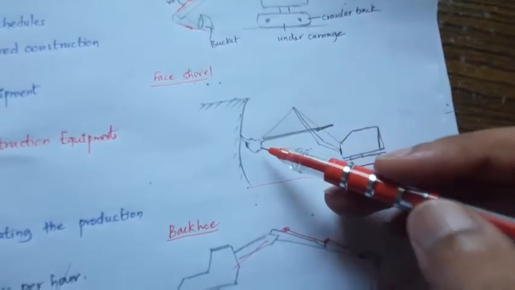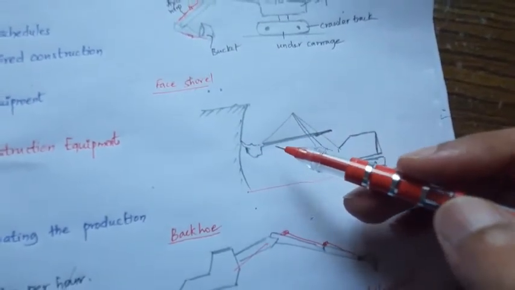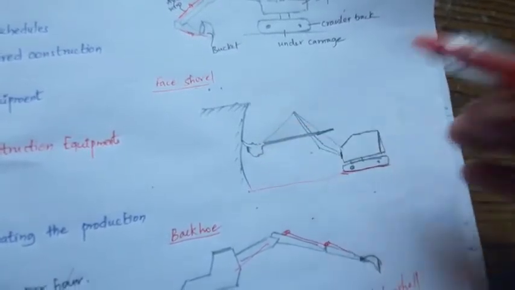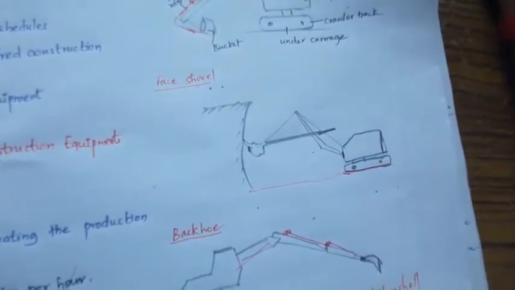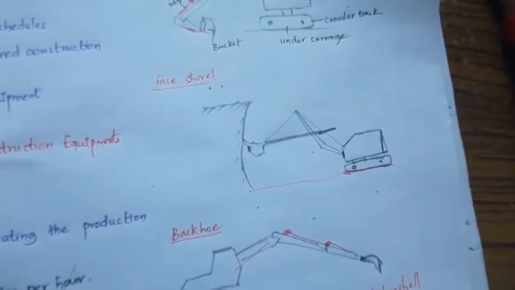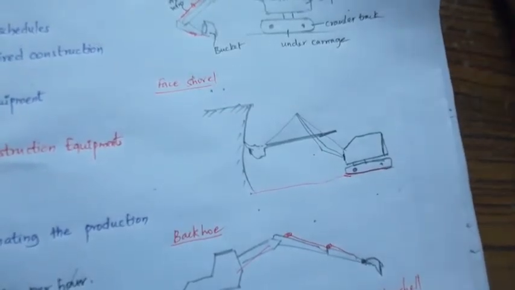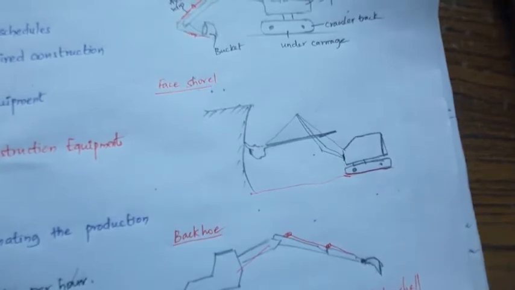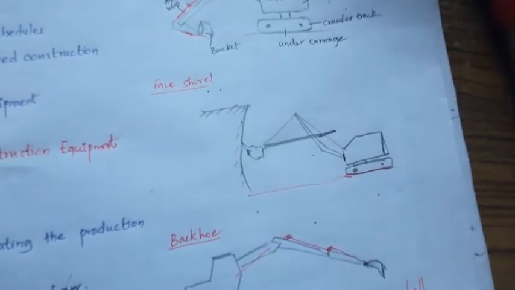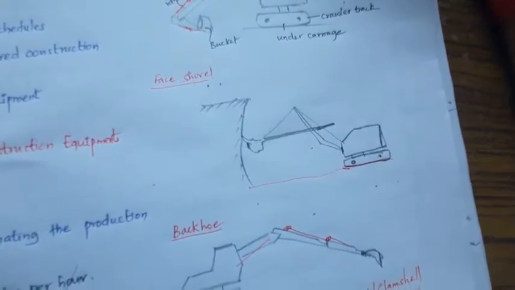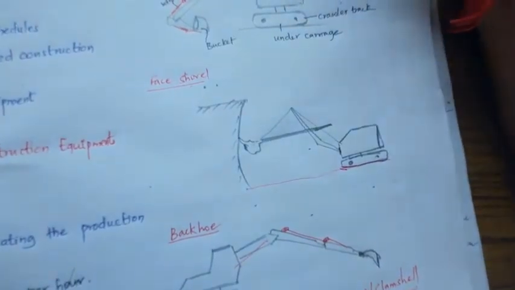After the bucket is filled, its upper part swings around to the dump position, where the bucket is emptied into a waiting truck or onto any kind of stockpile that is available. Thereafter it returns to its original position and starts the next cycle of excavation. It is capable of working in all types of dry soils.